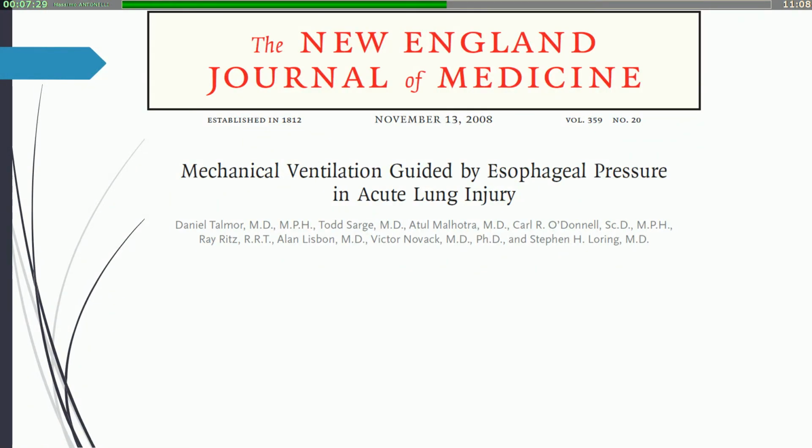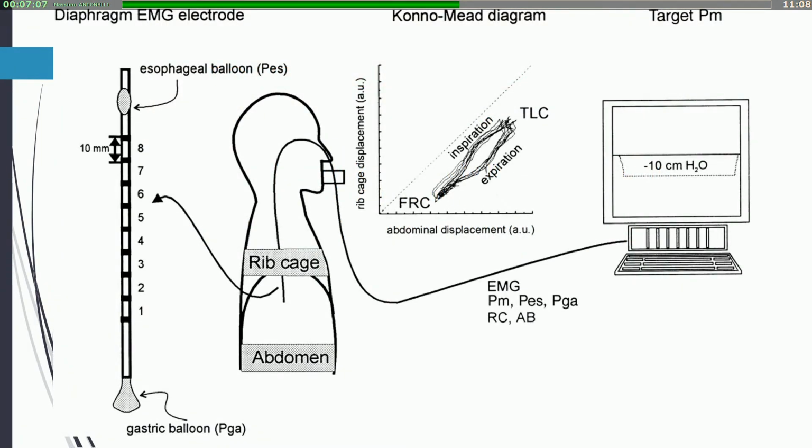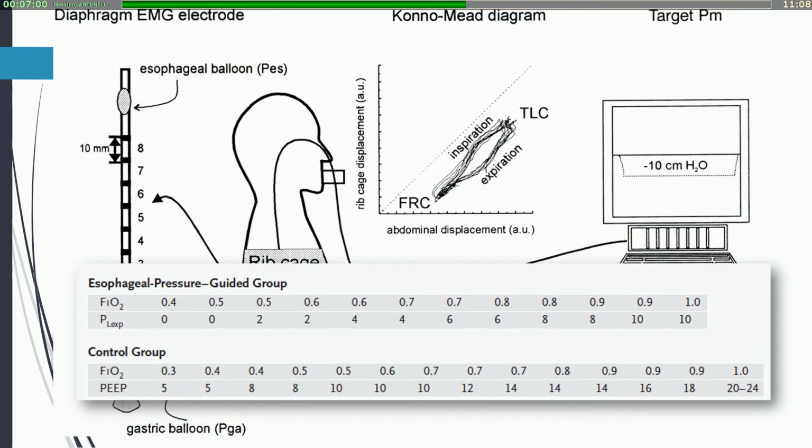Then probably I wouldn't say a solution, but an interesting suggestion is the one given by Daniel Talmor, who says, let's take into account the compliance of the respiratory system and maybe obtain a partitioning between the lung compliance and the chest wall compliance through the measurement of the pleural pressure with an esophageal catheter. This may be very helpful for setting up our ventilator and giving a real protective ventilation to our patient.